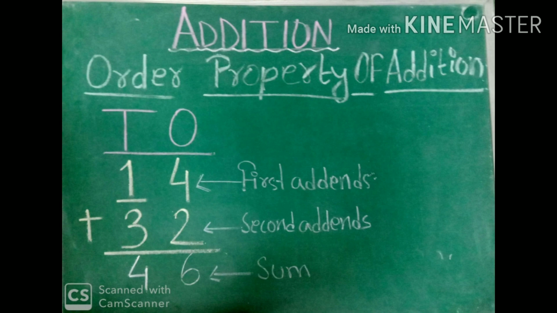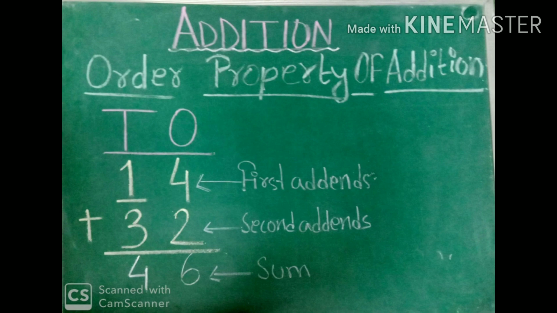Then we write the first number, 14, and then the second number, 32. Never forget to give the sign of addition. In this image, 14 is the first addend and 32 is the second addend.